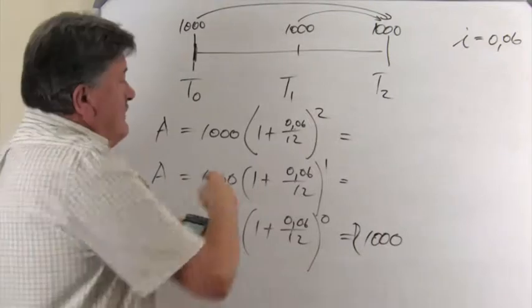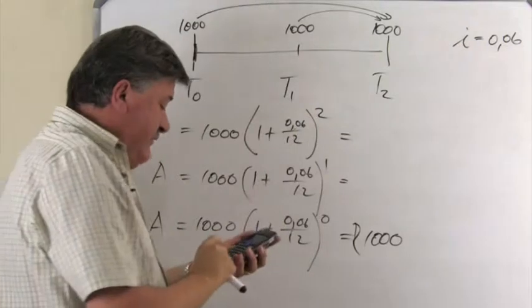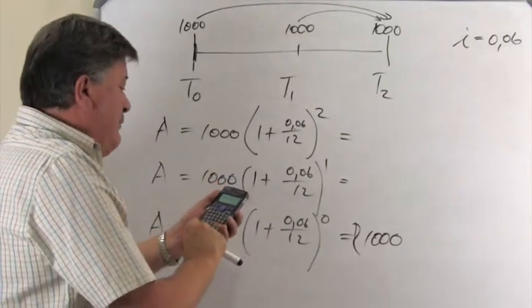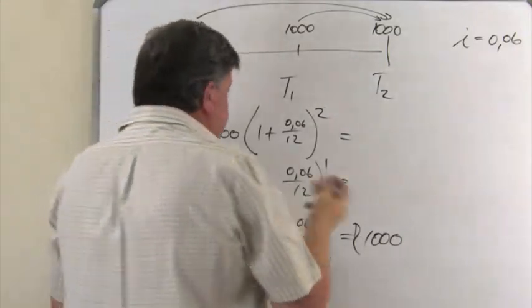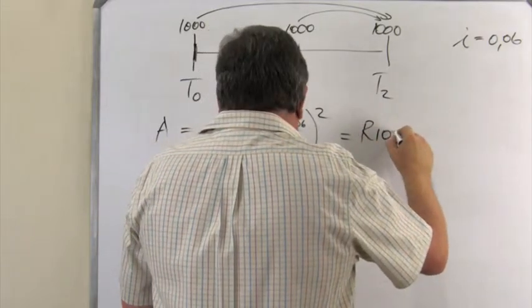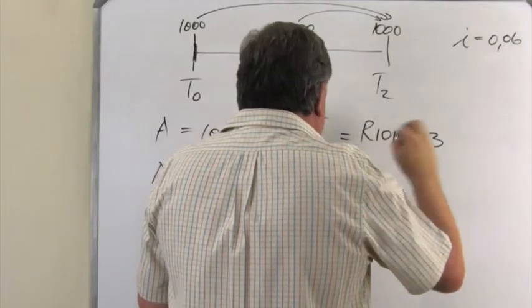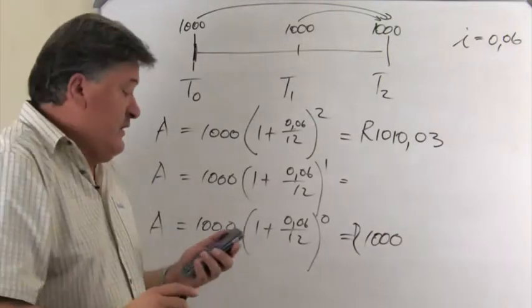I go away to the right, I put the bracket in, and now I need to raise it to the power of 2, and that button is just below the arrow key. I put a 2, and I say equal, and my answer will be 1,010, rather, comma 03. I'm rounding it off now to 2 decimals because this is money.